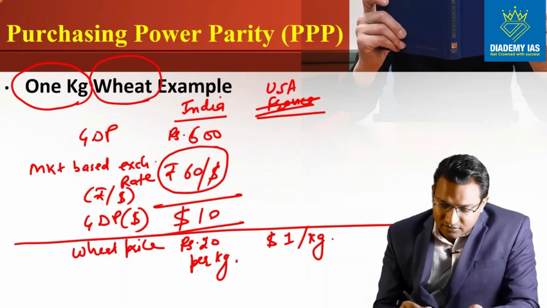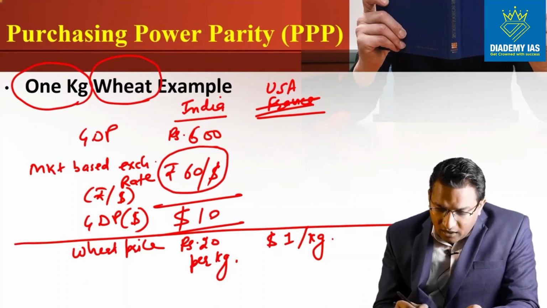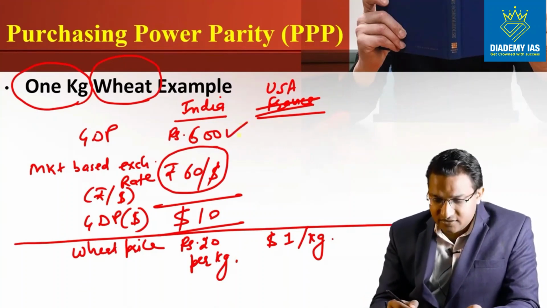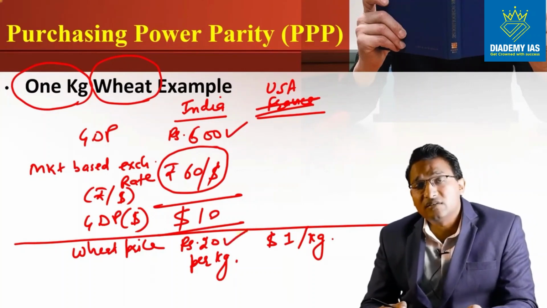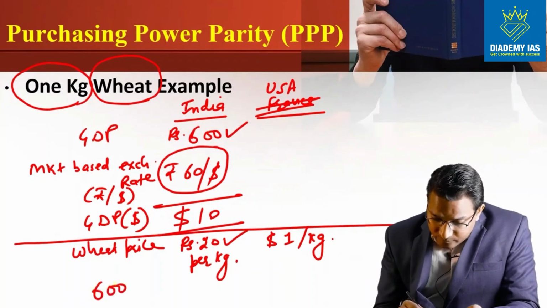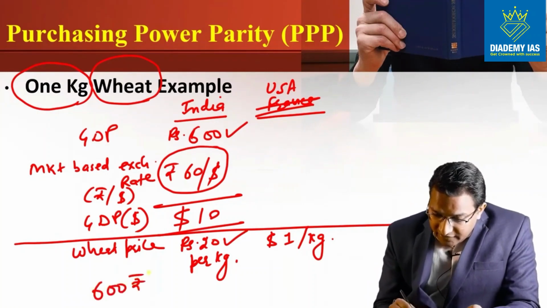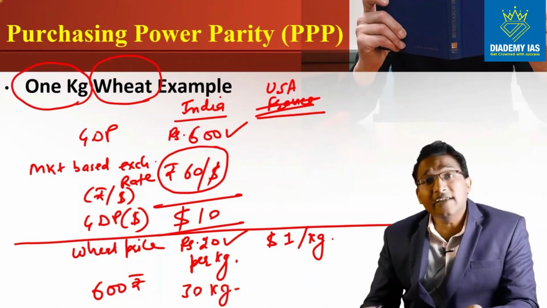That means if I see in 600 rupees how much wheat he can buy, in India he can buy 30 kg of wheat.